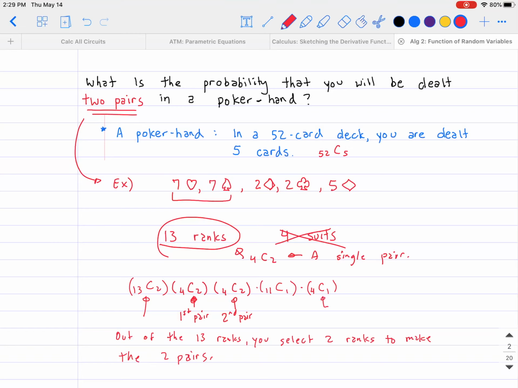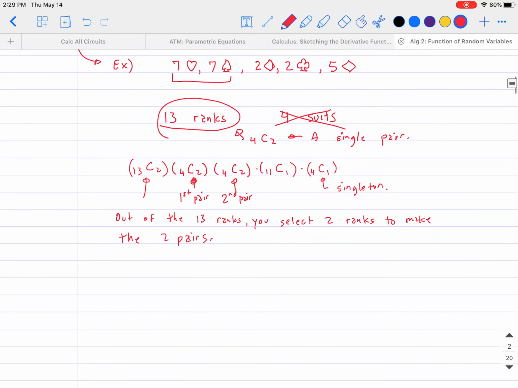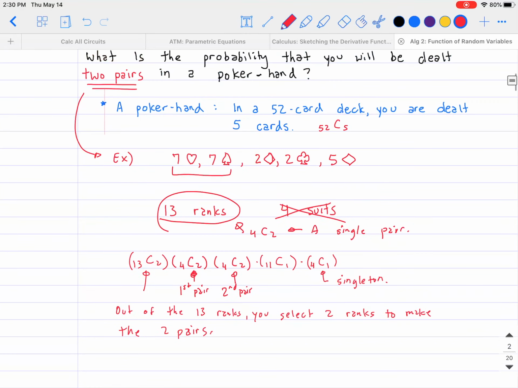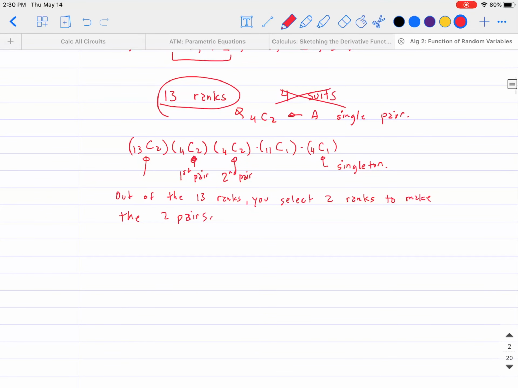This is because of the singleton that you're going to get to make the residual card. So that's like the 5 of diamonds that we have up there. So what that means is we're going to take all of that, and that's going to be our numerator, and then divide it by the 52C5 that we have up here. So that'll be our final answer.